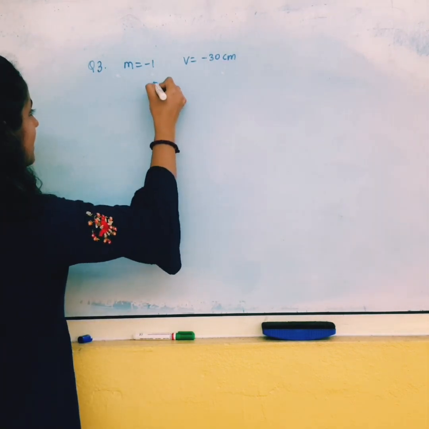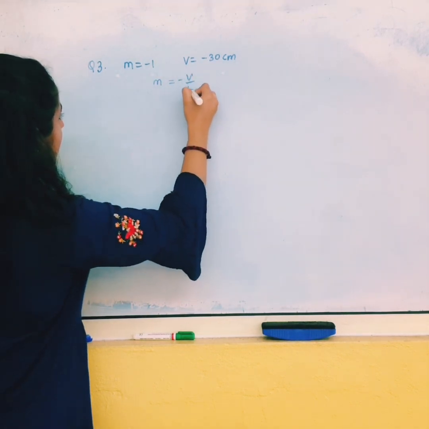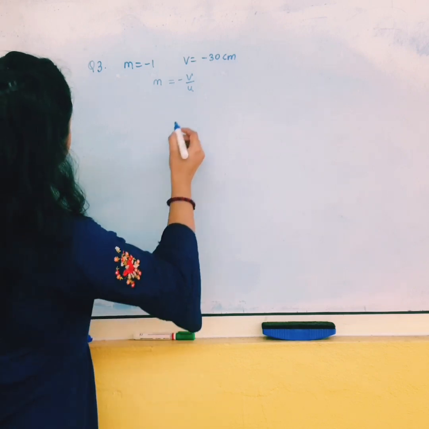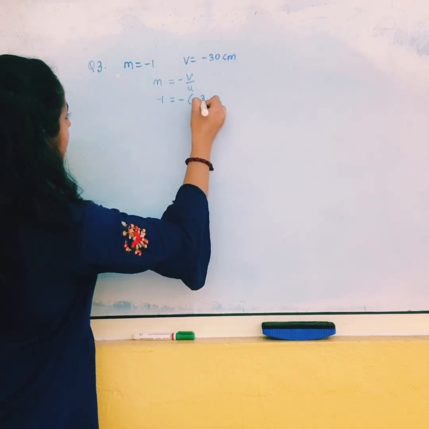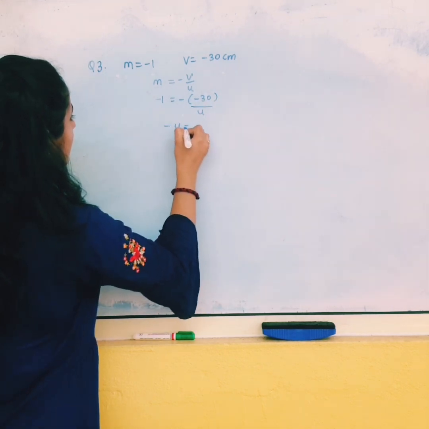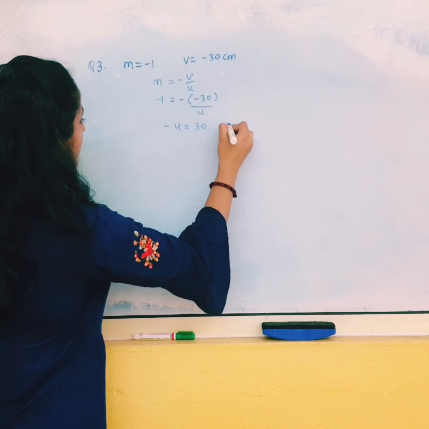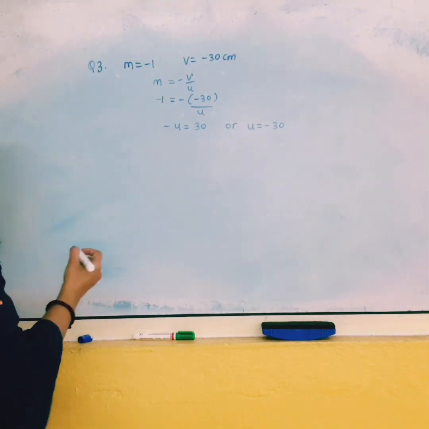As the magnification is given, you can directly use magnification formula here. So m is -1. So u will be equal to -30.